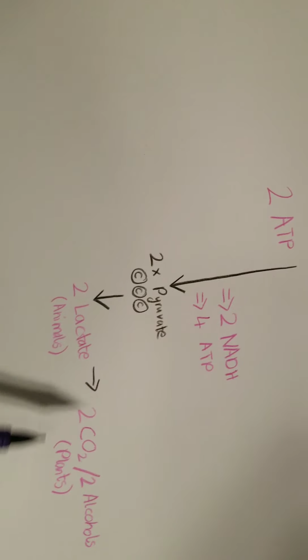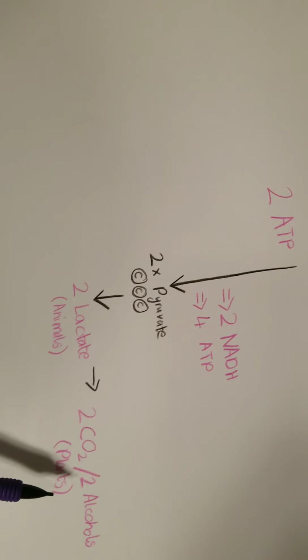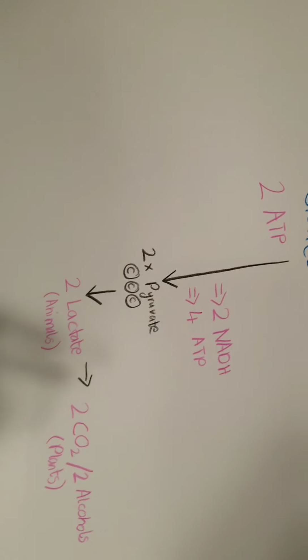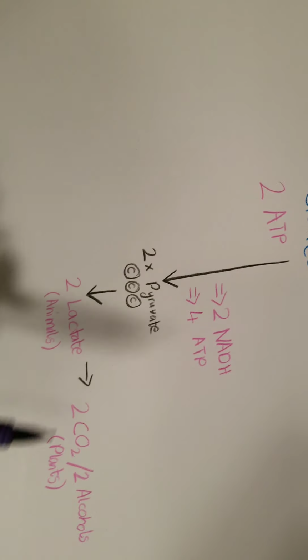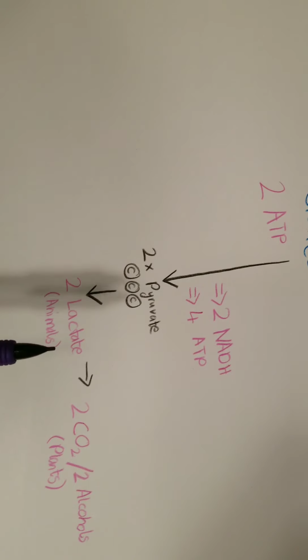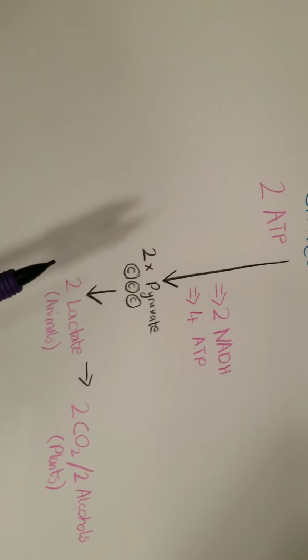The advantage of fermentation is, let's say you need a quick burst of energy, you're going to get that from fermentation. That's an advantage. There are way more disadvantages than advantages. Some of the disadvantages are that the lactate and alcohol it produces are toxic to the cells.